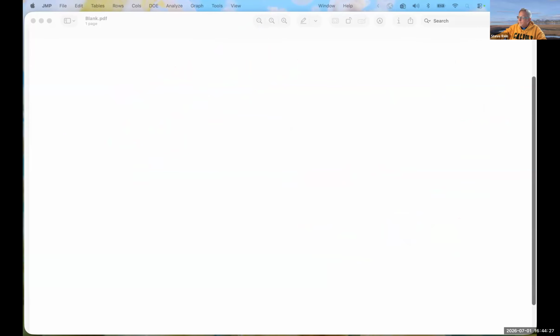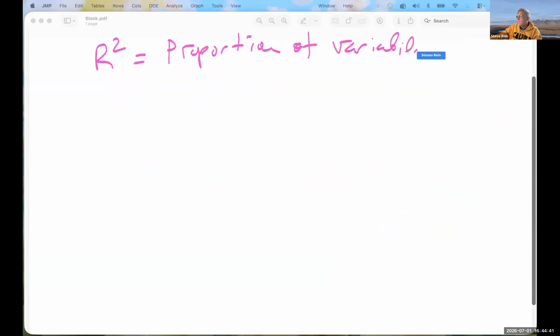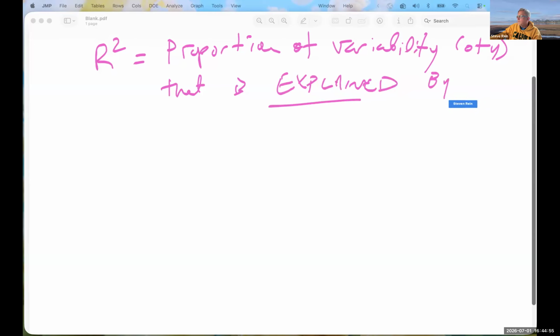R squared is sometimes called the proportion of the variability of Y that is explained by X. PVE, proportion of variability explained, is a term that I like to use sometimes.